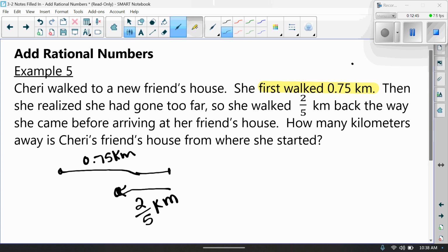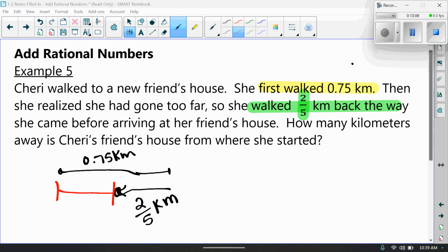Now the question, let me highlight the other part. So she walked back this much. Now the question is, how far is it from where she started? So we want to know that distance. So what operation am I going to do here? Very good. Yes, we are going to do subtraction.